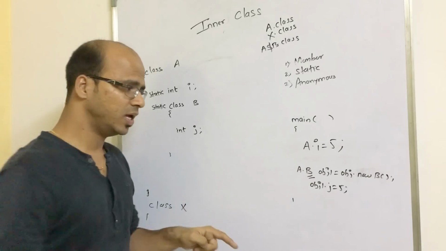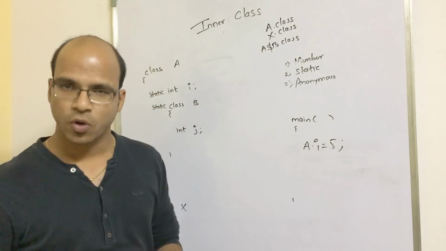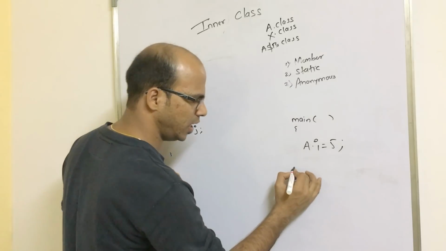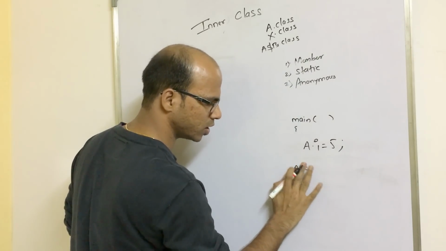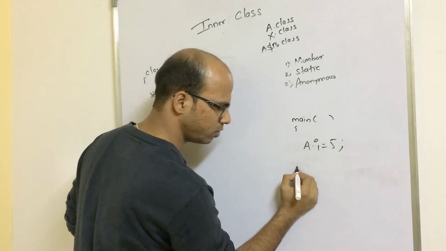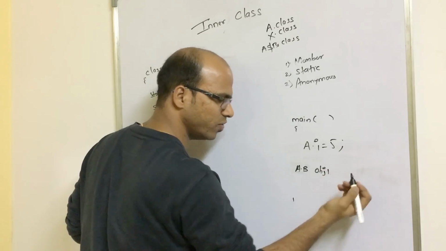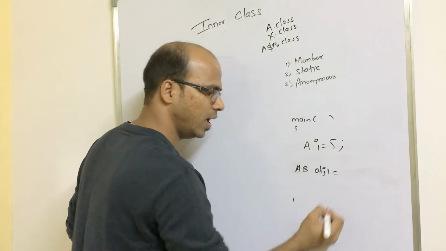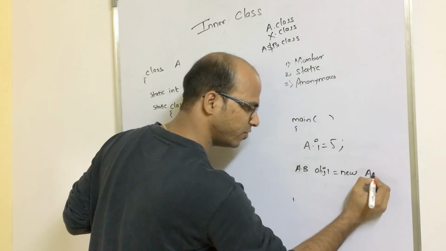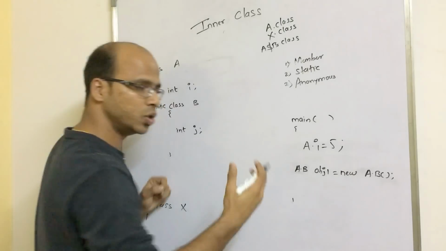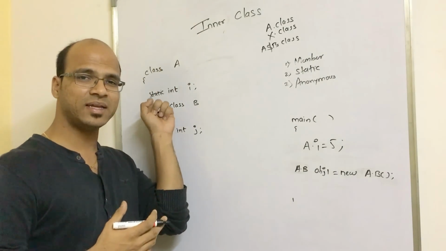In the same way, in order to create an object of a static inner class, we can say it is A dot B. We can say this is obj1, or any object of B. Now we have to mention that it is new, and again we have to mention it is A dot B. No need to use an object of A now because it is a static class.